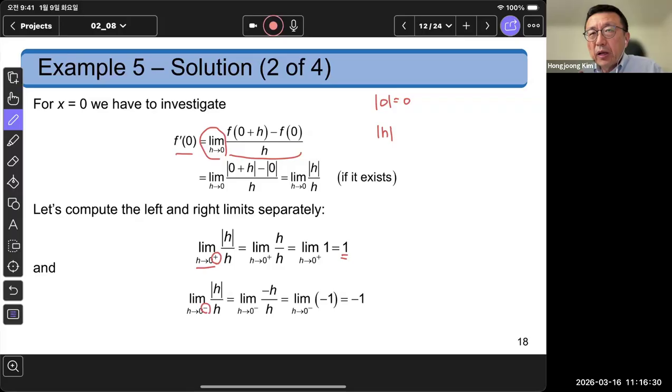So the absolute value sign changes the function value to negative h. After the cancellation, the f prime will be negative 1. So this is the right-hand limit, and this is the left-hand limit.